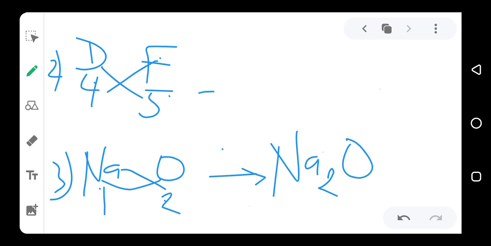Oxygen is 1, but there's no need of writing the 1, so we just remove it. So it becomes Na2O. This is the formula of sodium oxide. In any chemistry textbook, if you are looking for the formula of sodium oxide, the formula is Na2O.